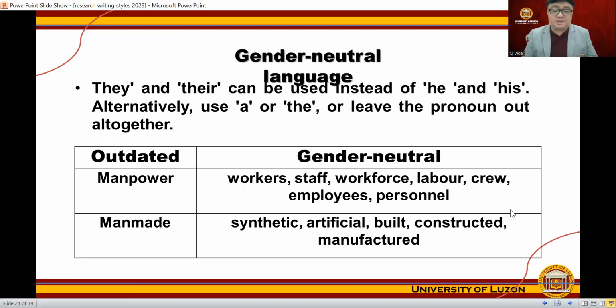So some specific words have become outdated and can be substituted by gender neutral terms.